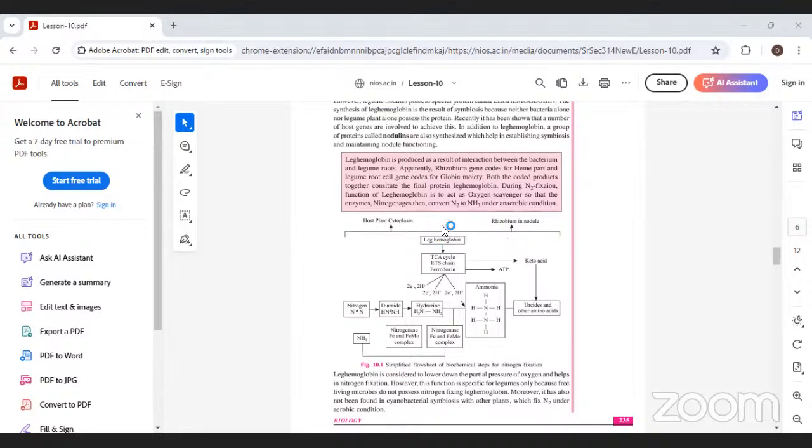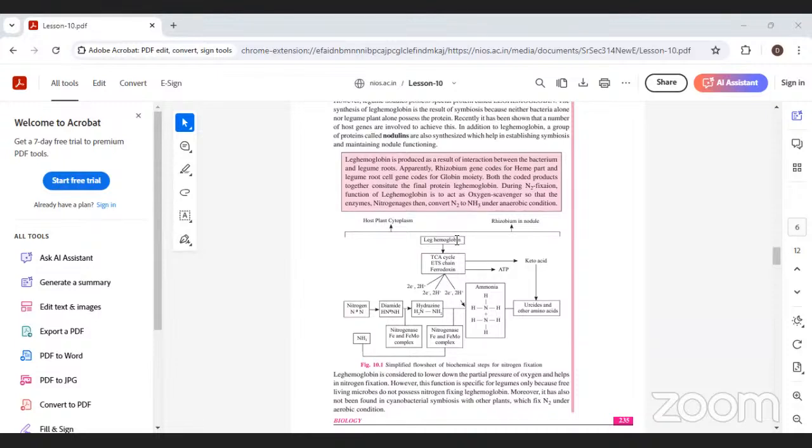This is the leghemoglobin. Leghemoglobin, TCA cycle, that is the tricarboxylic acid cycle or Krebs cycle, ETS, electron transport chain, and third one, pyridoxine.